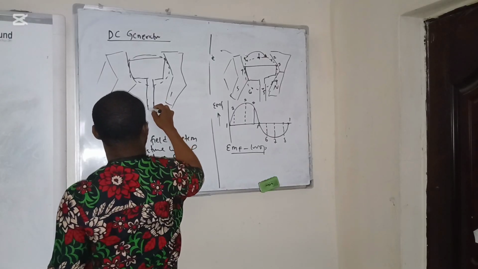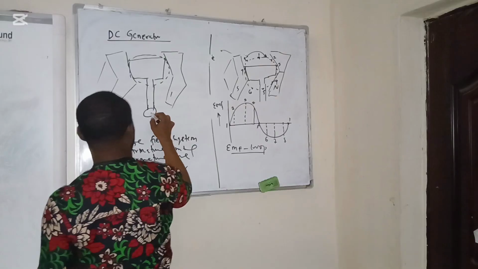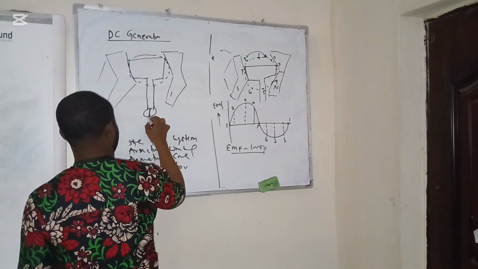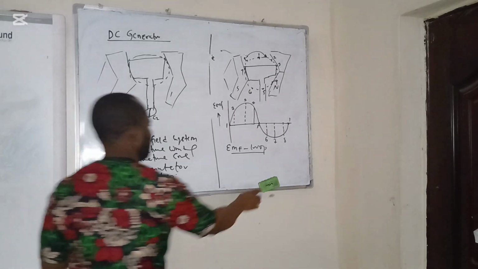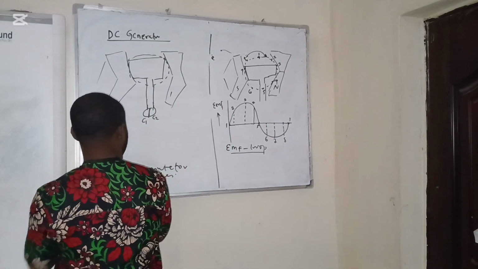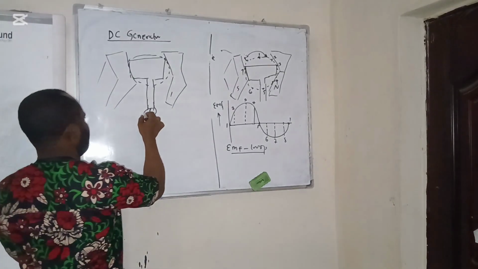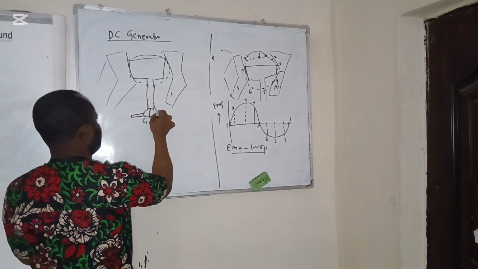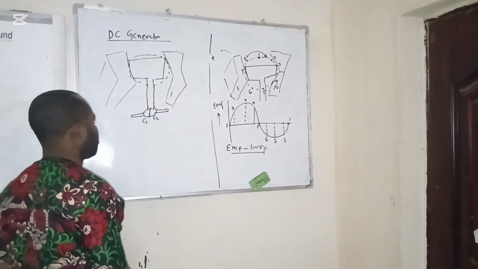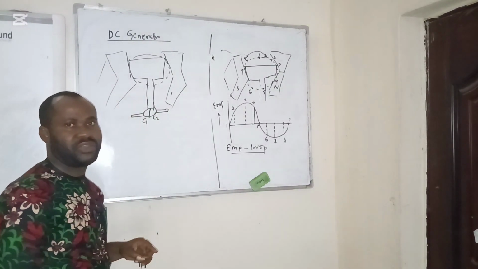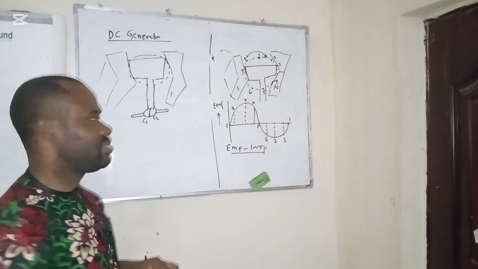Here we have something we call the commutator, which is divided for the operation of commutation. In this case, the induced EMF will have to pass through the commutator. Commutation is a process where the induced EMF is converted to a DC signal.